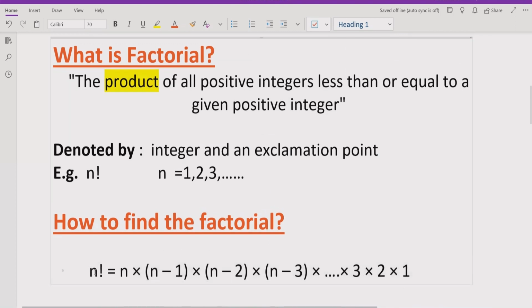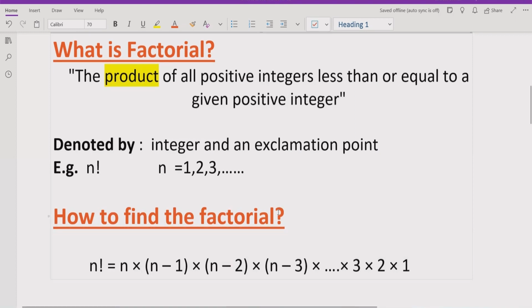So n factorial is equal to n multiplied by n minus 1, n minus 2, n minus 3, and so on till 1. You have to step down n minus 1, n minus 2, n minus 3, and so on, and after that multiply all these numbers. So you will find the n factorial.